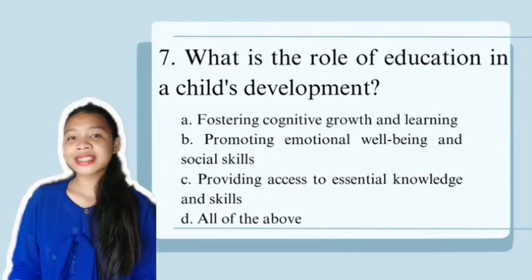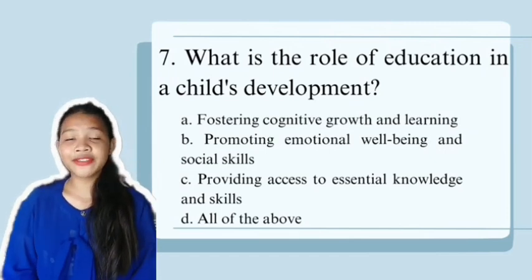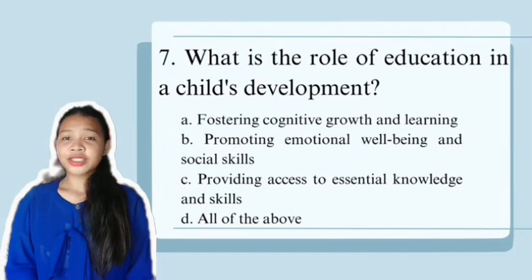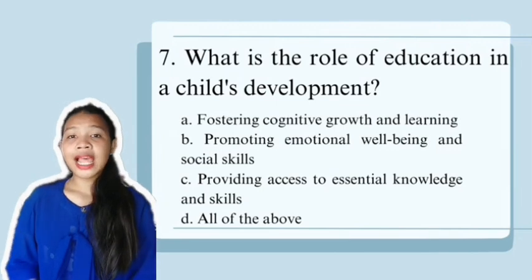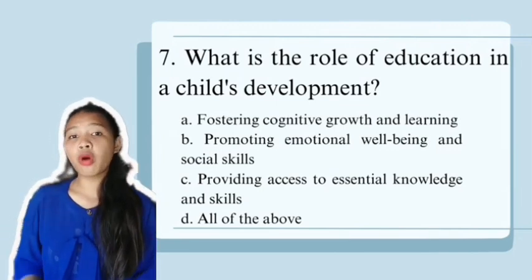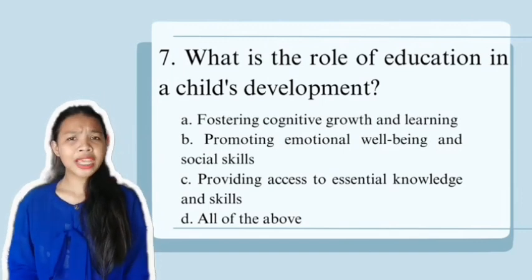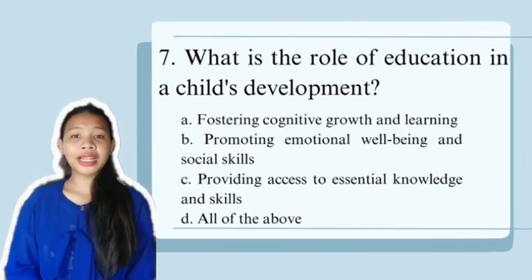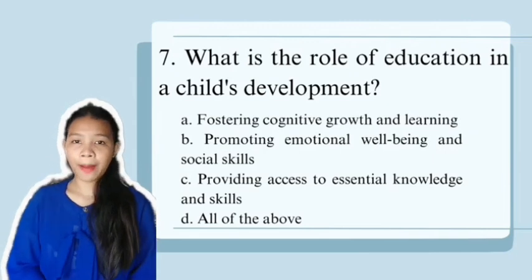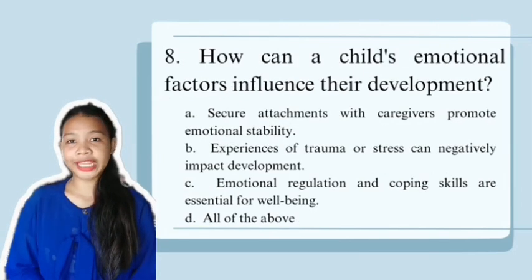So number 7, what is the role of education in a child's development? Letter A, fostering cognitive growth and learning. Letter B, promoting emotional well-being and social skills. Or letter C, providing access to essential knowledge and skills. Or letter D, all of the above. Done? Okay, now let's proceed to number 8.